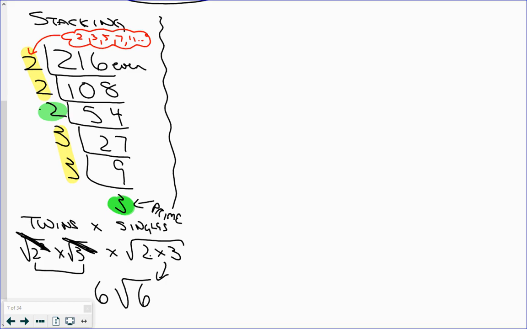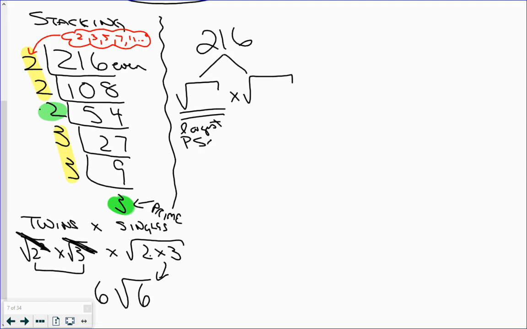Method number 2 was using what we called perfect squares. So the second method, while it is shorter, you have to know your perfect squares.